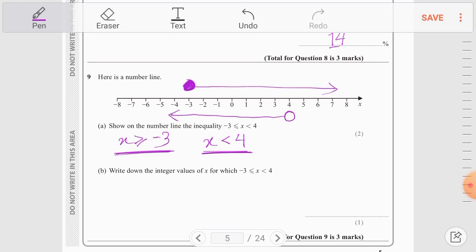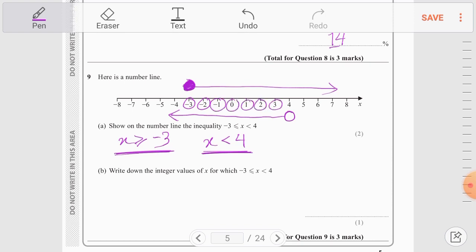In part B, it says write the integer values of x for which x is greater than or equal to -3 and x is less than 4. So we just need to find the numbers that are common between these two ranges. We can see that both ranges have -3, -2, -1, 0, 1, 2, 3.